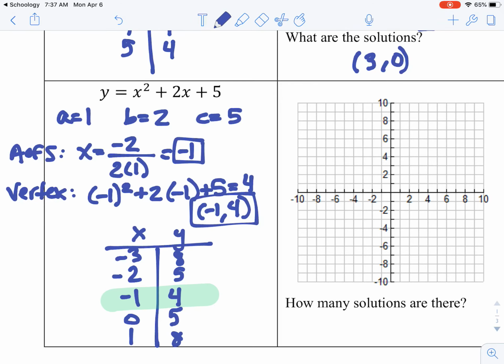And I am going to be able to graph those points. And how many solutions are there? I look at my x-axis and my graph does not cross it, so there are 0 solutions.